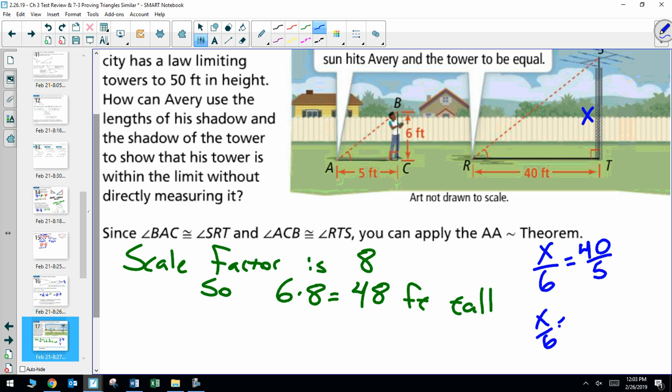So x over 6 equals 8. Multiply those sides by 6. You're going to get 48 again. Right? So you could have solved it this way, setting up just the ratio of sides have to be equal. Or if you find that scale factor and know how to apply it to the problem. Either way, it's going to give you the same thing.